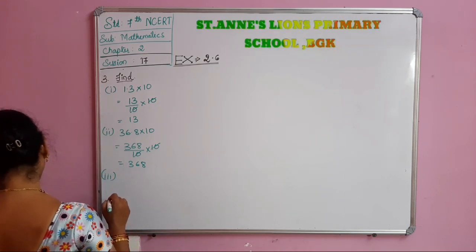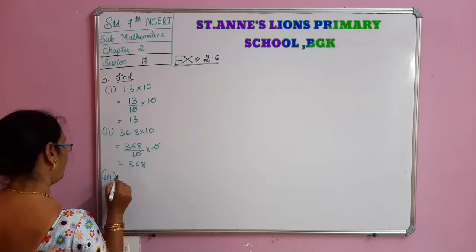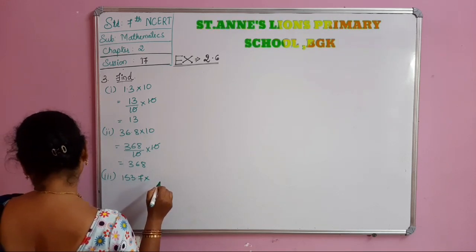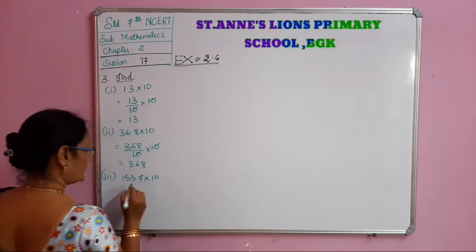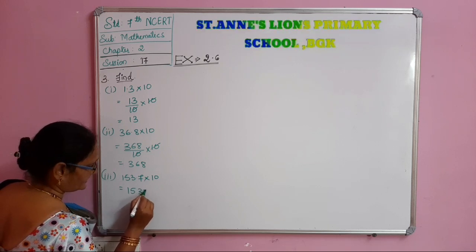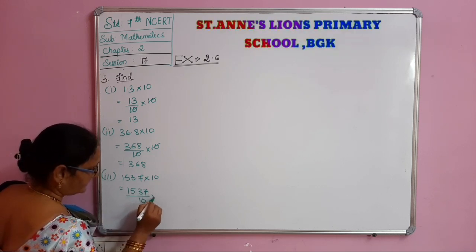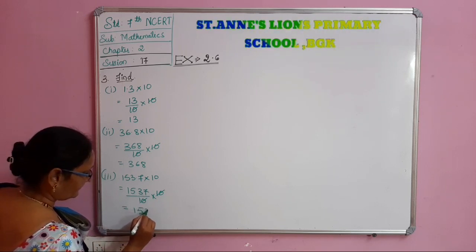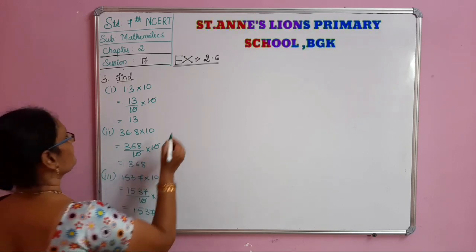Next, third one, 153.7 into 10. Again same. 1537 divided by 10 into 10. Both got cancelled. Answer is 1537.